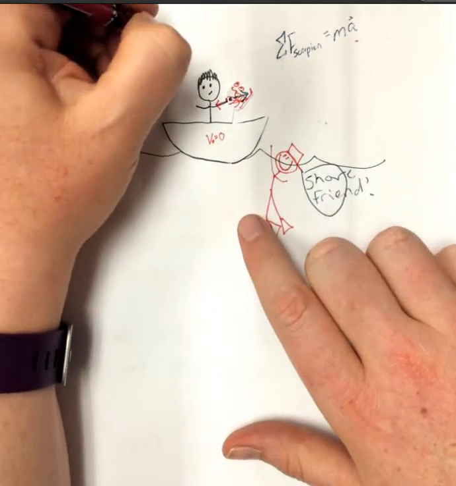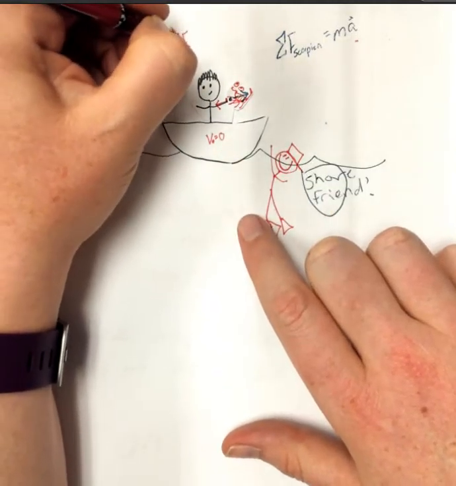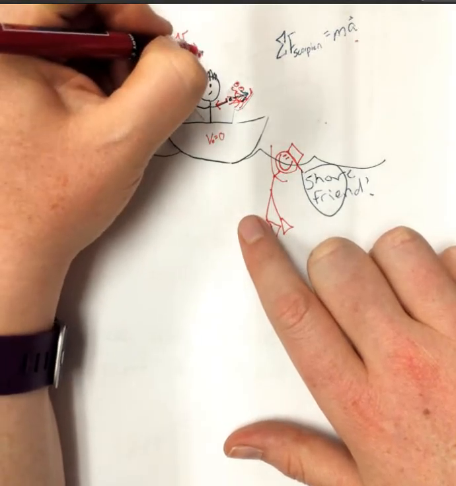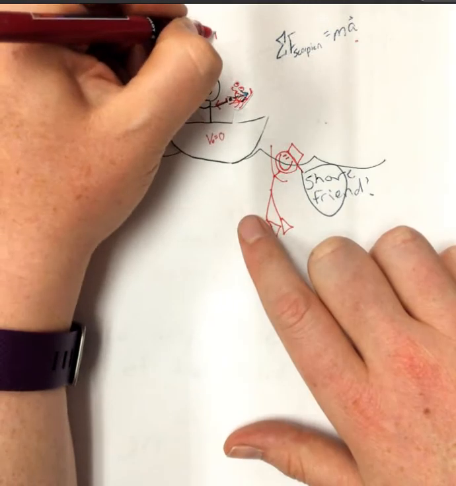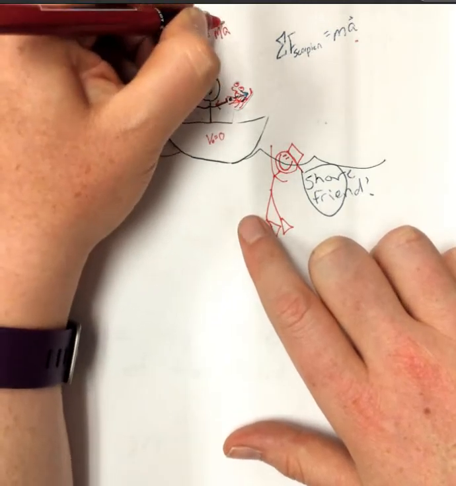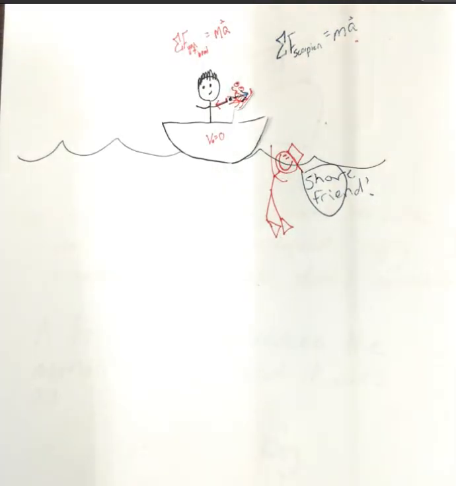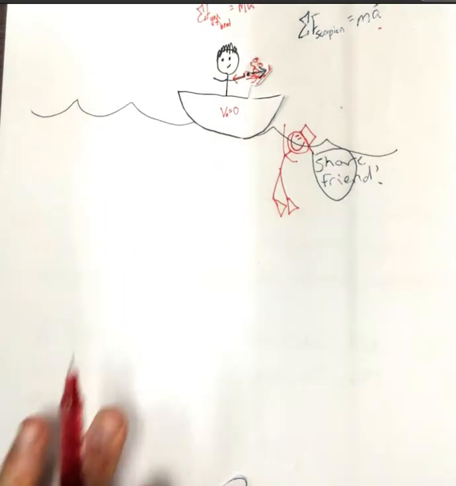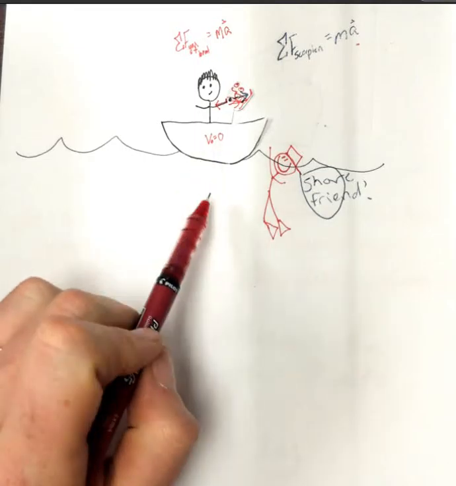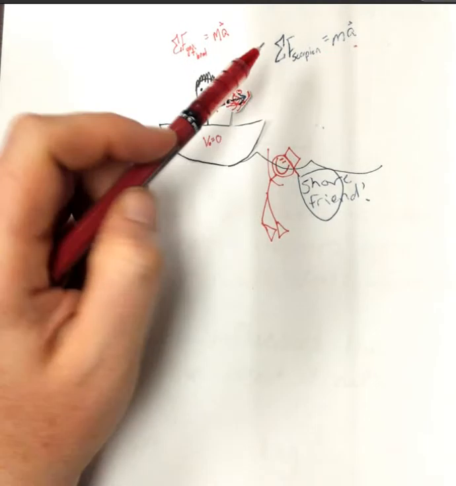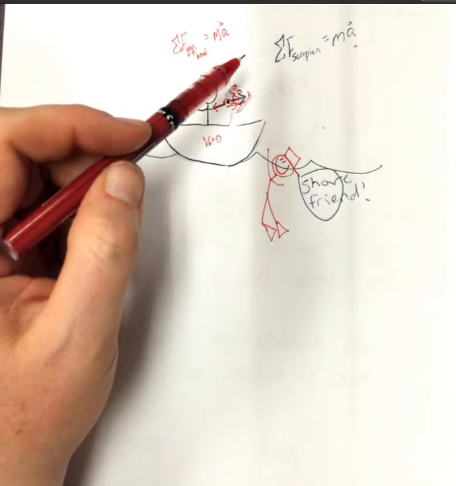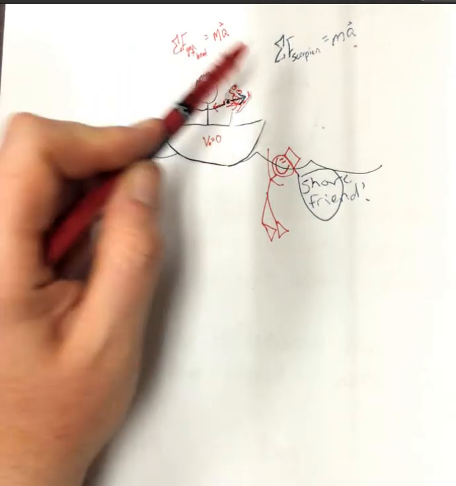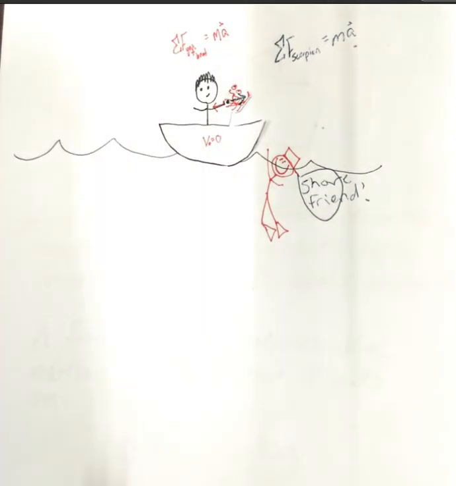So remember, you are attached to the boat, so the net force of you and the boat is going to be equal to the mass of you and the boat times the acceleration. So if we can neglect friction between the boat and the water, and we can neglect air resistance for the Scorpion, then the net force for both of you is going to be equal.